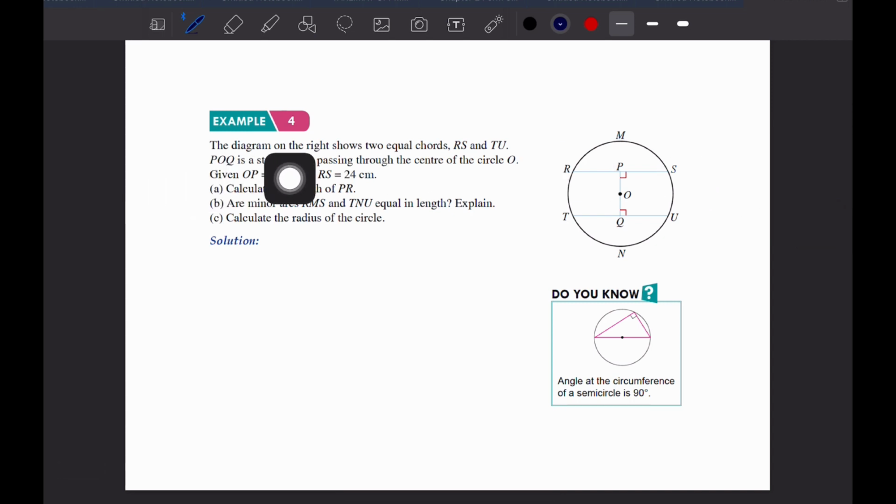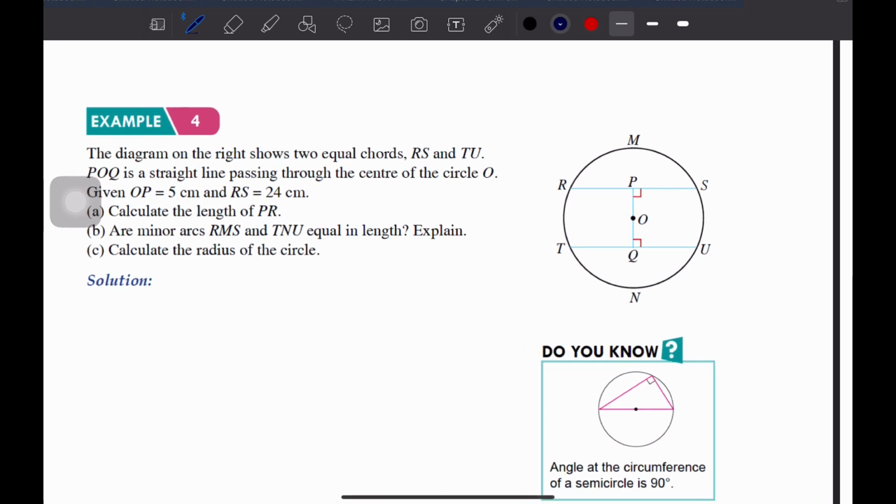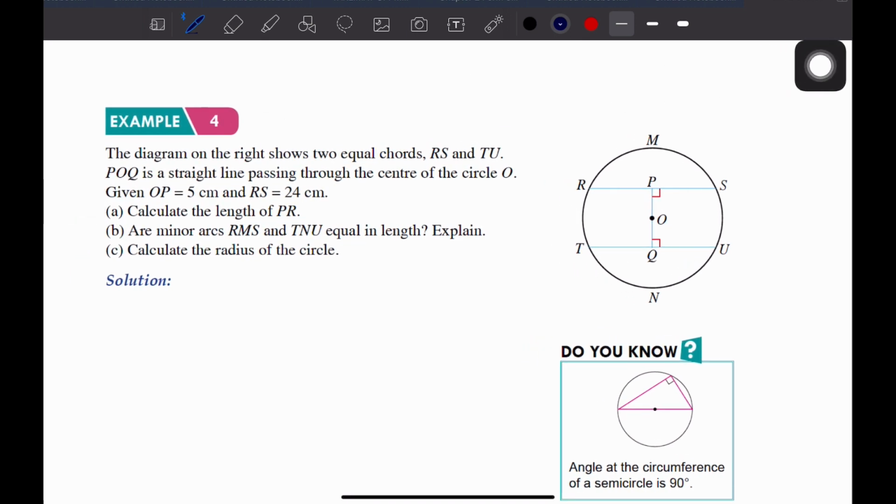The diagram on the right shows the equal chords RS and TU of equal length. POQ is a straight line passing through the center of the circle. Given that OP is equal to 5, RS is equal to 24.